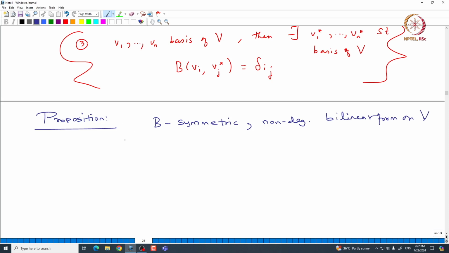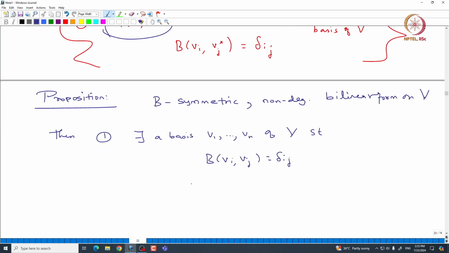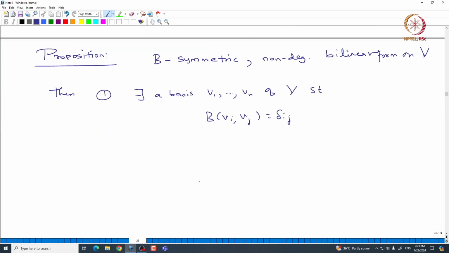Then we can find a basis v1 through vn of V such that B(vi, vj) is exactly the canonical delta ij. Here, given a basis you are able to find a dual basis, but here we are saying there is a basis that is dual to itself. Now the second statement: if we assume that B is G-invariant, then we have this characterization.